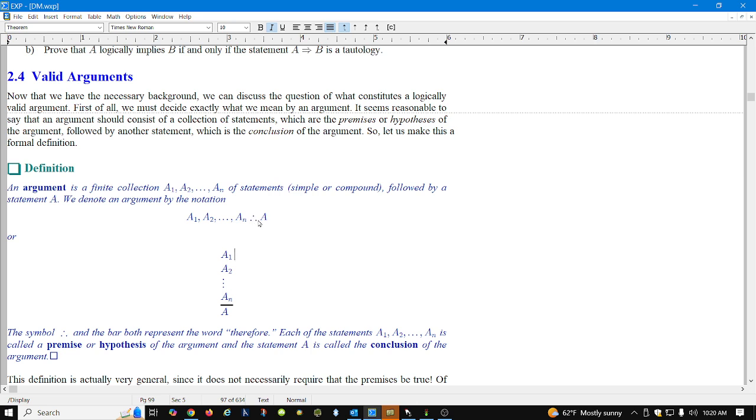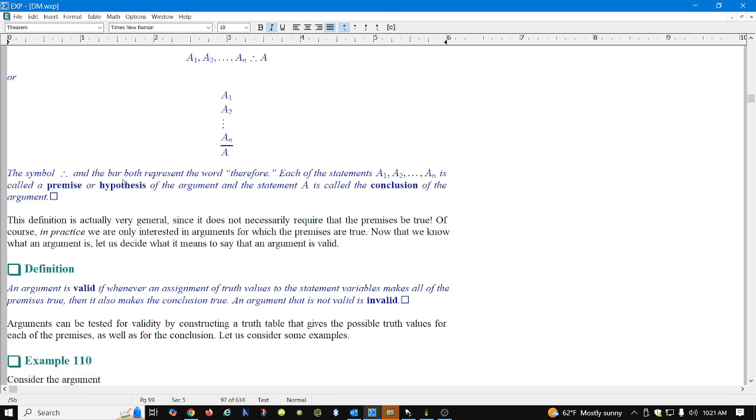The three-dot symbol here and the bar here represent the word therefore. So you would read either of these as A1 through AN, therefore A. A1 through AN, again, are the premises or hypotheses of the argument, and A is the conclusion of the argument.